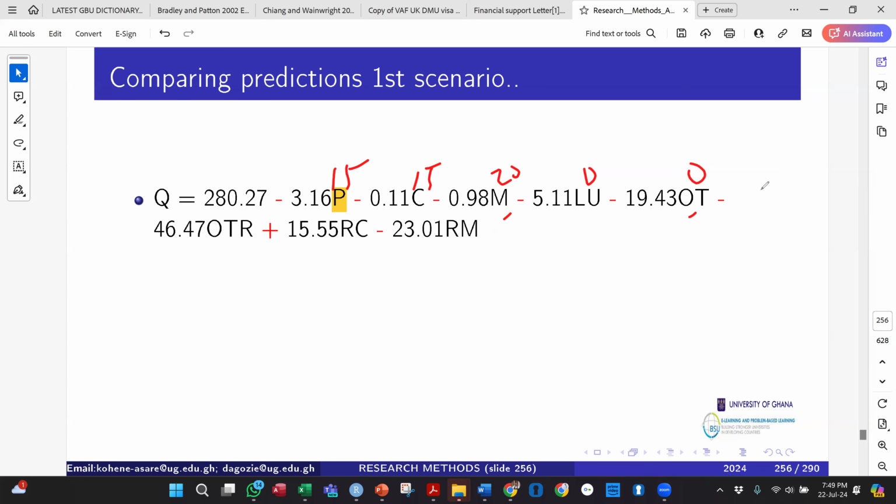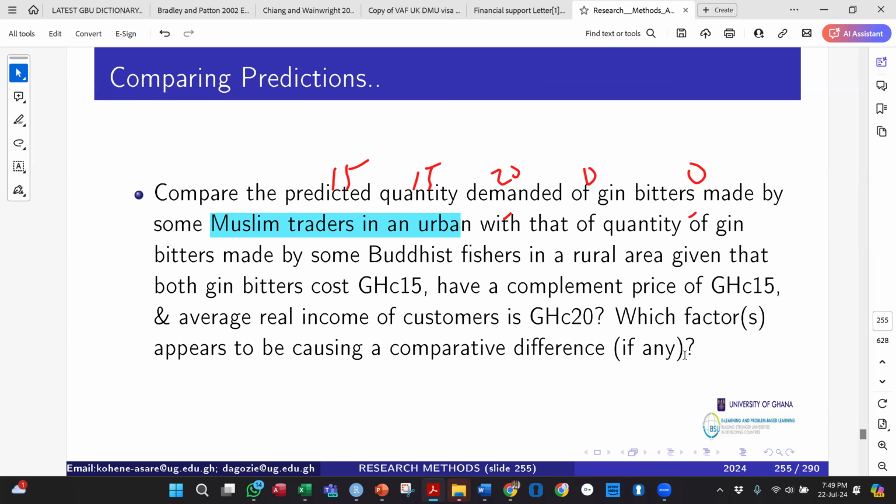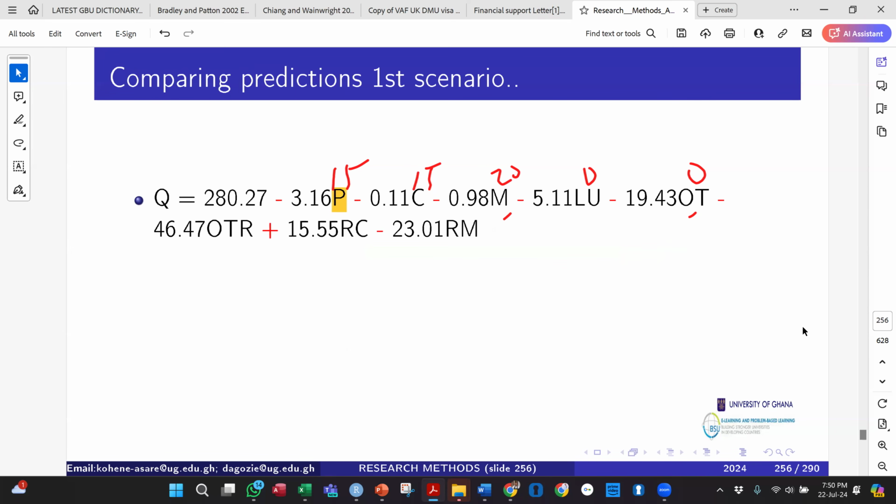Let me just go back for you to see. These people were fishers, fishing. Yes, fishers, so don't say fishermen. So because they are fishers, occupation trading will be what?